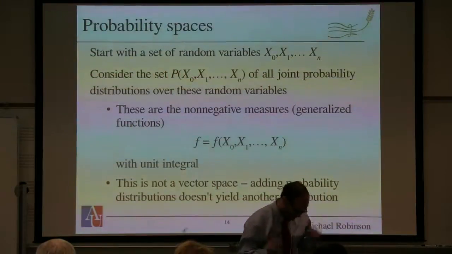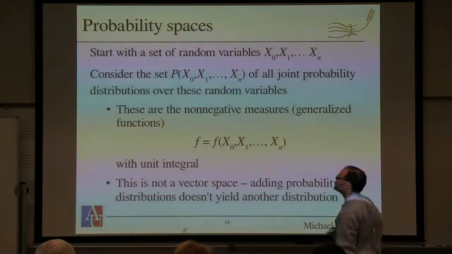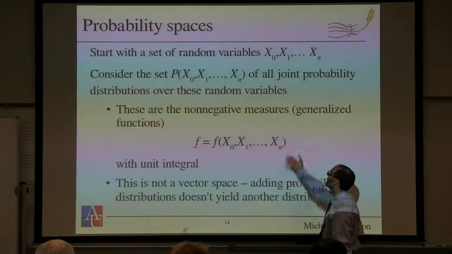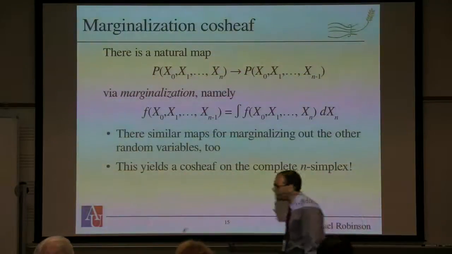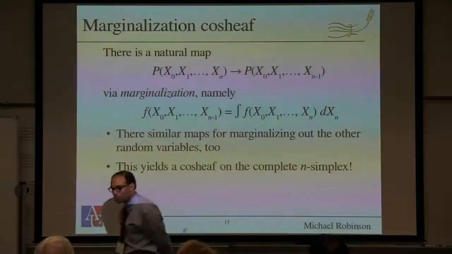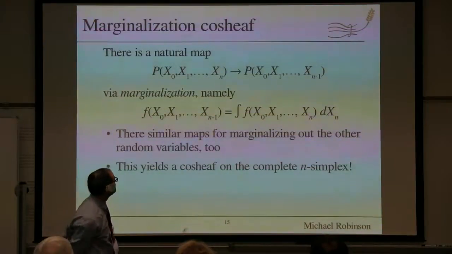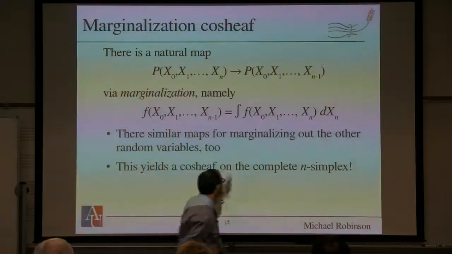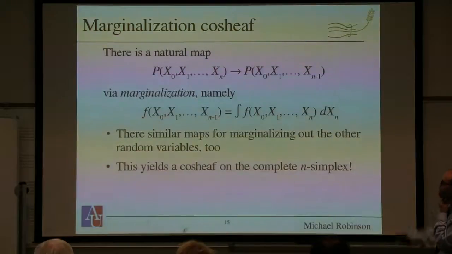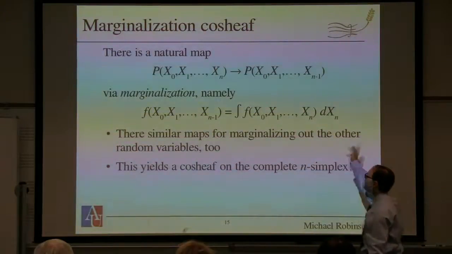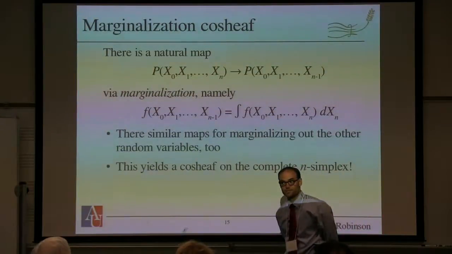No. Definitely not. But what's kind of neat about this is that I can do other operations. In particular, if I have this large set of random variables, I can marginalize. There's a natural way to translate from n plus 1 random variables to n random variables. How? By integrating over that remaining random variable. There's a marginalization. Well, if you start doing this, if you marginalize over various other combinations of random variables, I get lots of different marginalization maps.